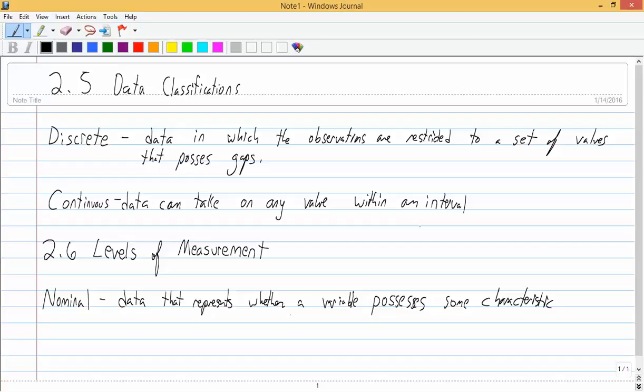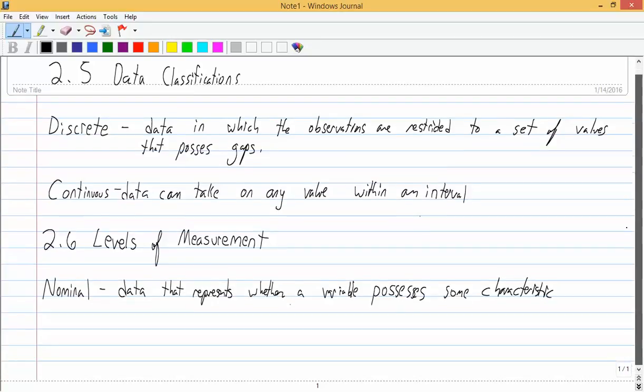Okay? Now, ordinal data, that's the next level of measurement. Ordinal data represents categories that have some associated order.